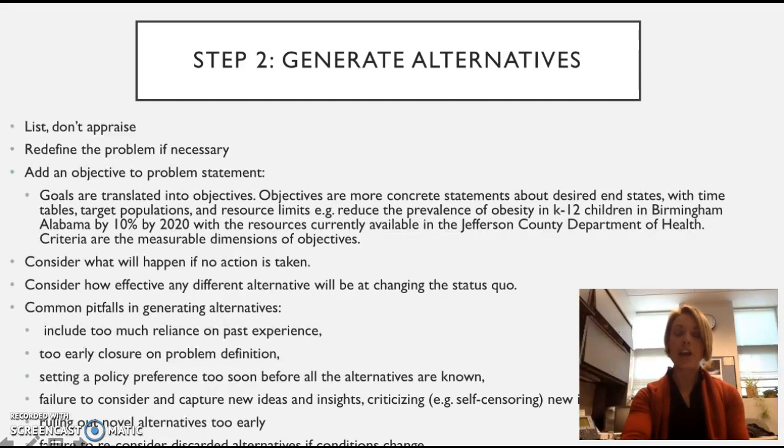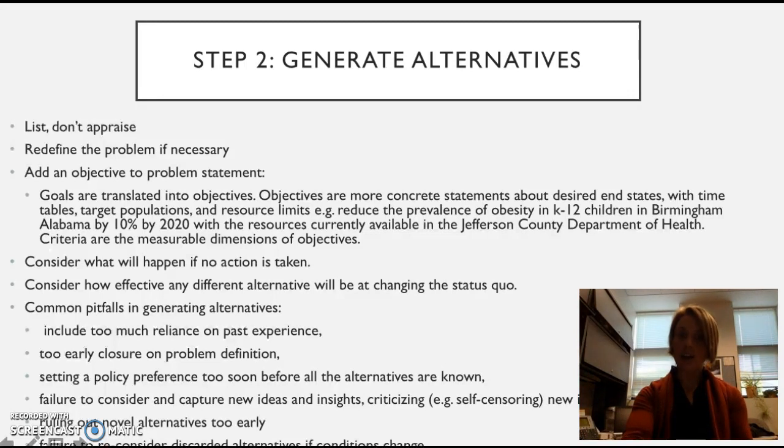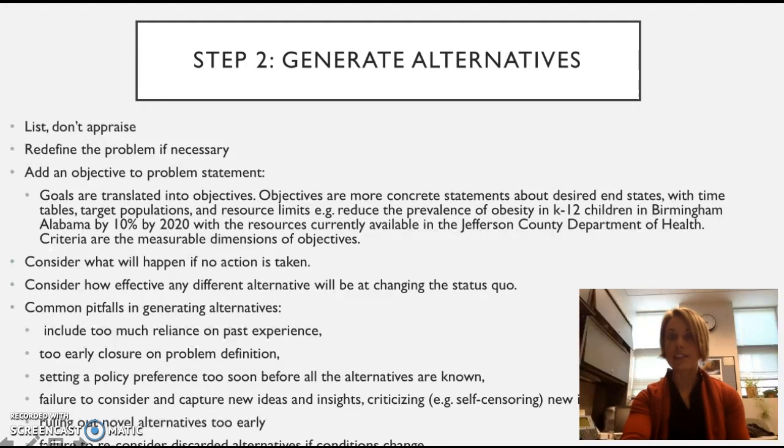So here's an example. You could translate your goal into some objectives. Objectives are a more concrete statement about desired end states with timetables, target populations, and resource limits. For example, instead of saying, I'm going to reduce childhood obesity, you can say, I'm going to reduce the prevalence of childhood obesity in children K to 12 in Birmingham, Alabama by 10% in 2020 with the resources currently available in the Jefferson County Department of Health.